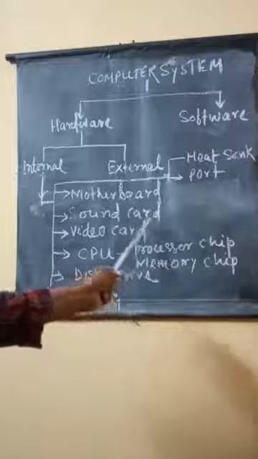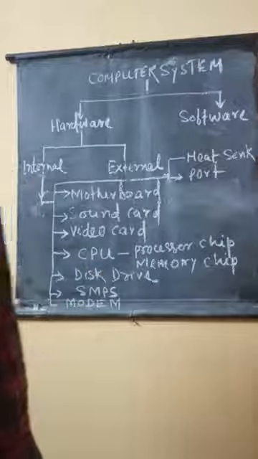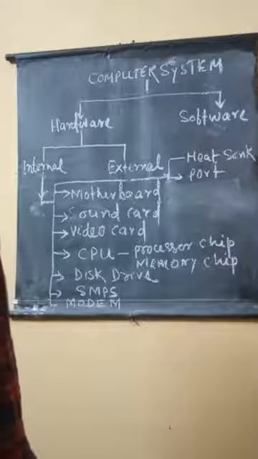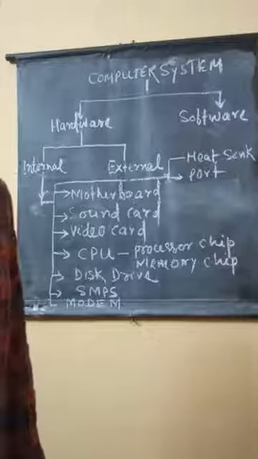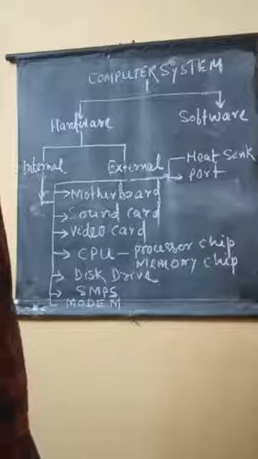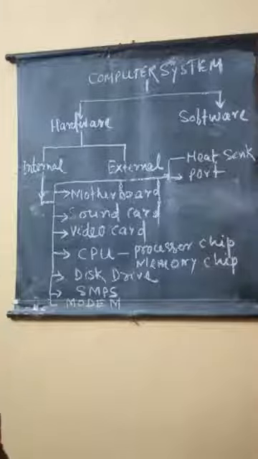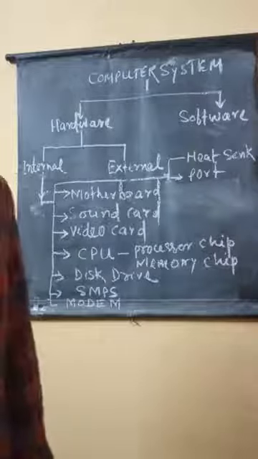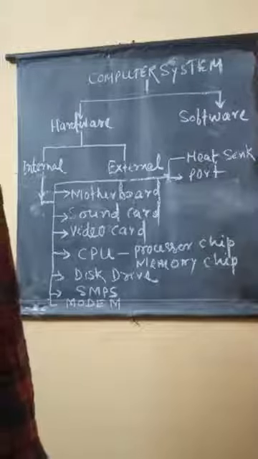Okay, and the sound card converts the incoming digital audio data, whatever incoming digital audio data is coming from different sources of the computer, into analog audio, so that the speaker can play it. The speaker can play analog signals, analog sound.